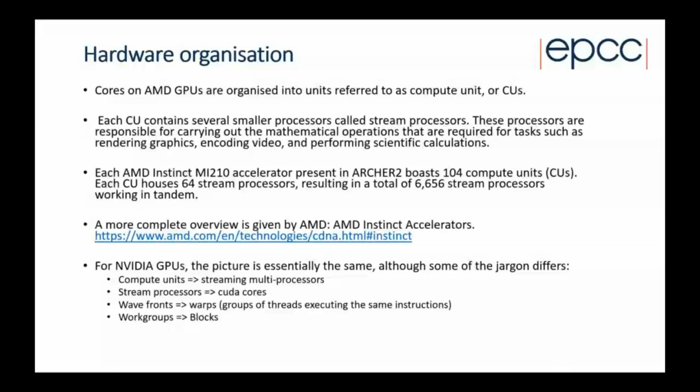Each of the AMD Instinct MI210 accelerators present in Archer2 boasts 104 compute units. Each compute unit has 64 streaming processors. So in total, you have 6,656 streaming processors that can work at the same time on each of the GPUs.